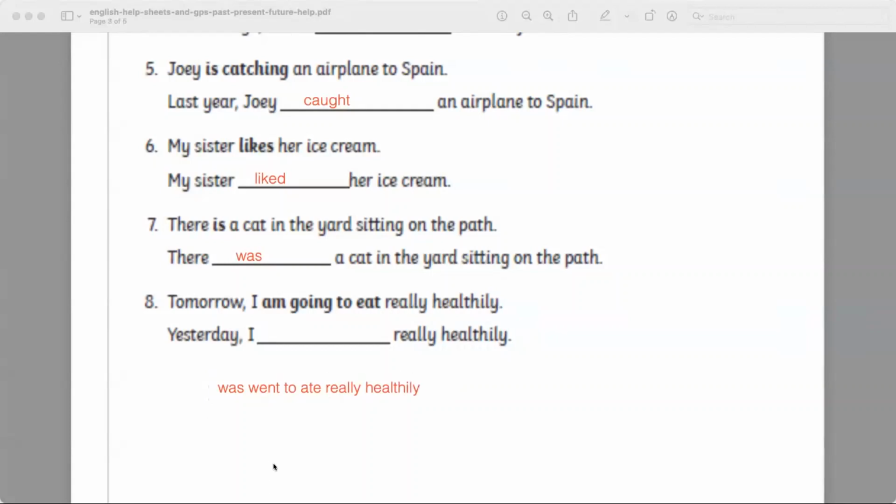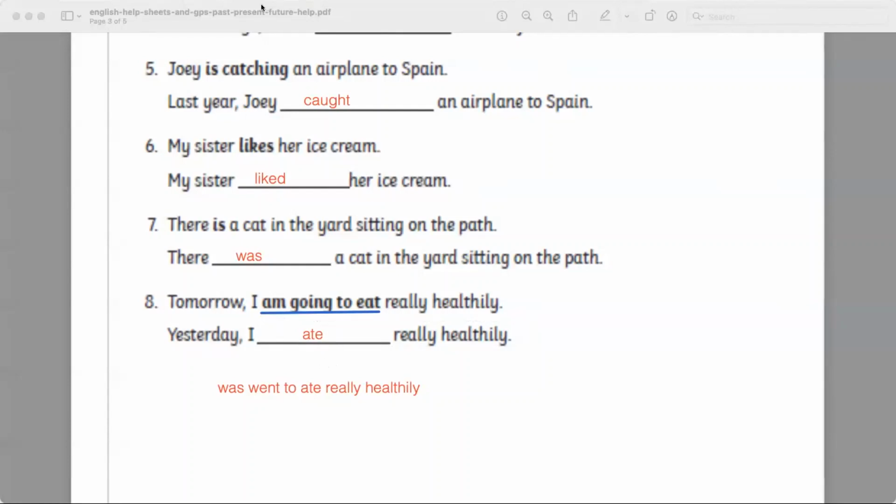So it will be yesterday. So tomorrow I am going to eat really healthy. So I am going to eat healthy is what you're going to change. So yesterday I ate. You can say I ate really healthy. Okay, yesterday I ate really healthy.